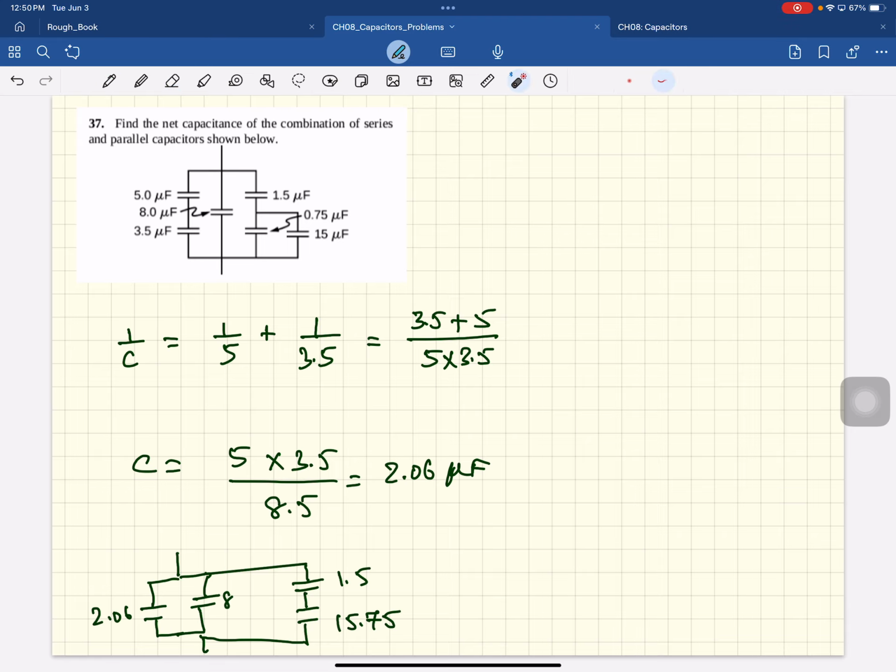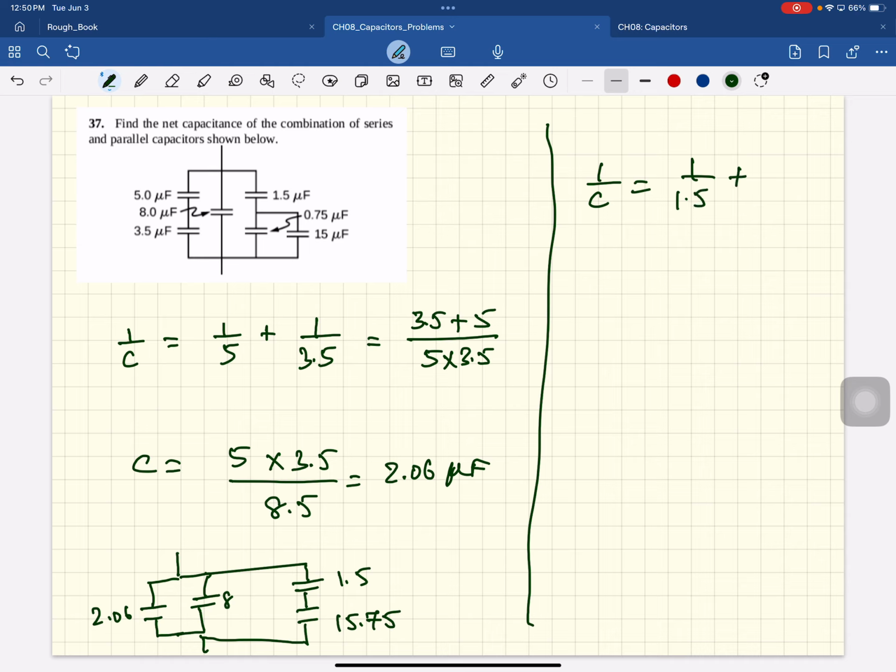Okay, now what is the next step? This is in series, so we'll combine these two. So 1 over C is 1 over 1.5 plus 1 over 15.75.